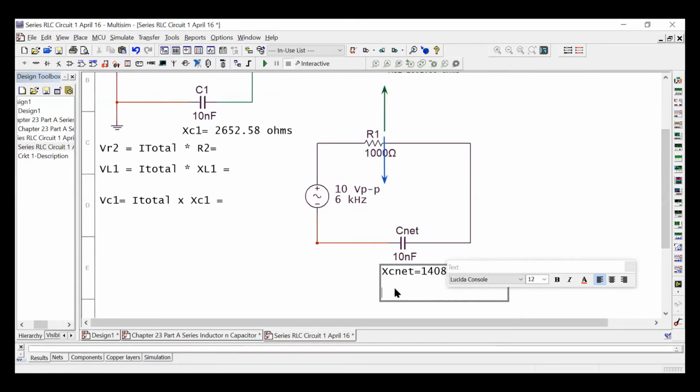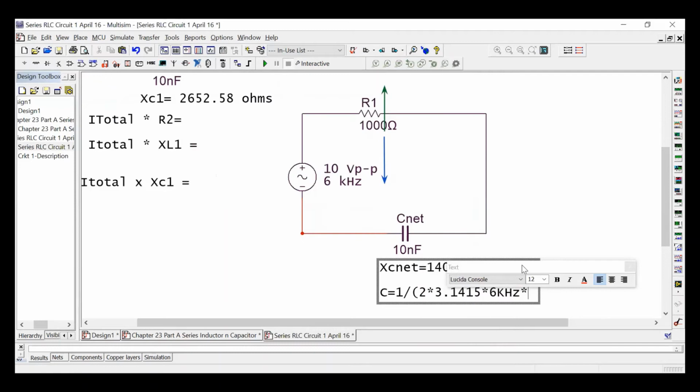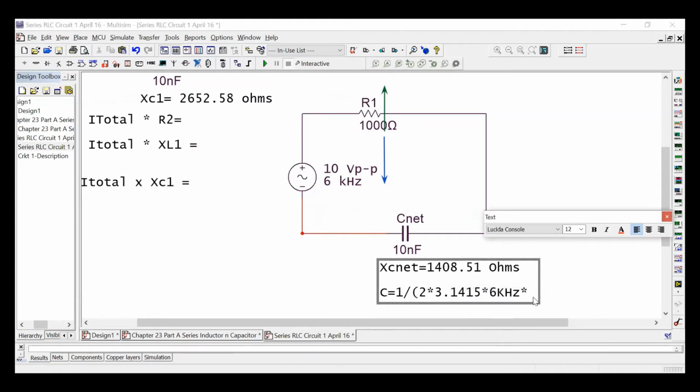So in this case, C is equal to 1 divided by parentheses 2 times 3.1415 times our frequency, 6K hertz, times our X of C, which is 14.08.